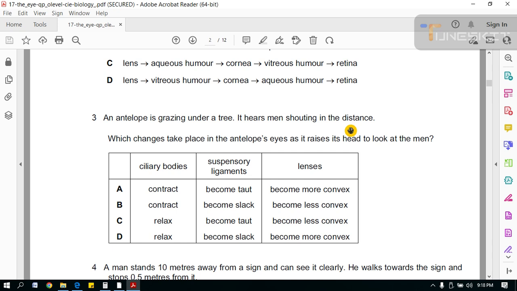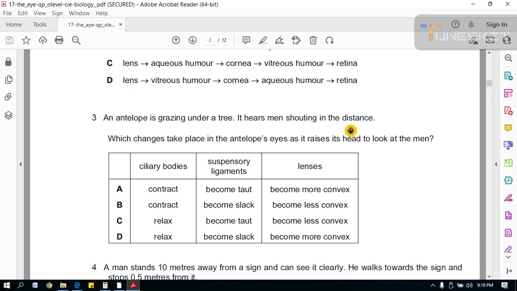So when you see things at a distance, ciliary bodies relax. When ciliary bodies relax, suspensory ligaments become taut or tight, right? And then what would be the effect on the lens?